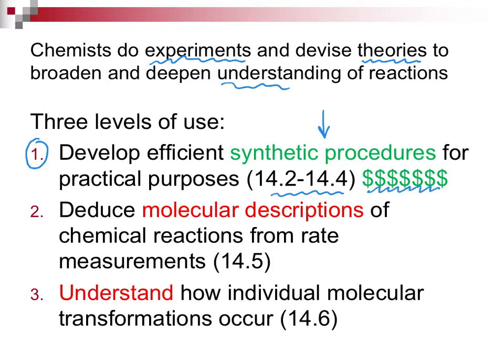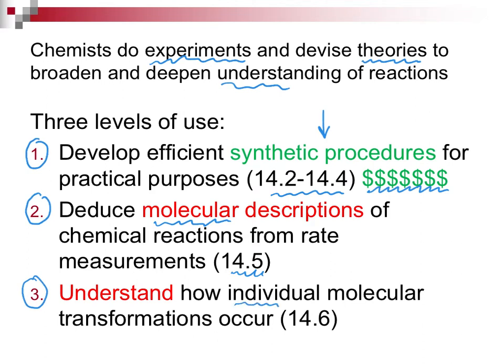You want to make money if you're operating a manufacturing facility. The second one is really used to deduce what we call a molecular description. What's really happening on the molecular level, and we cover that in section 14.5. And then in section 3, we really try to understand how individual transformations occur.